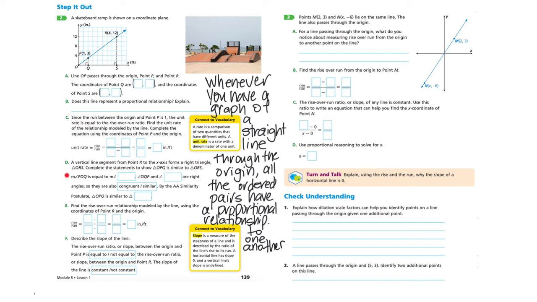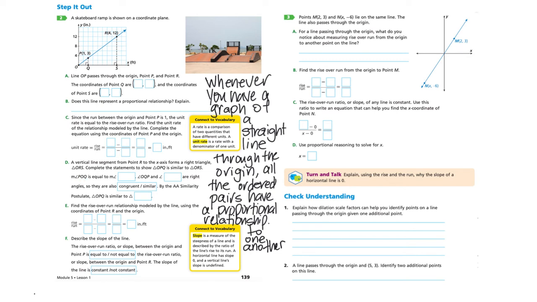So let's look at D. A vertical line segment from point R to the x-axis forms a right triangle, ORS. Complete the statements to show triangle OPQ is similar to triangle ORS. So look at what they're saying and just follow along step by step.